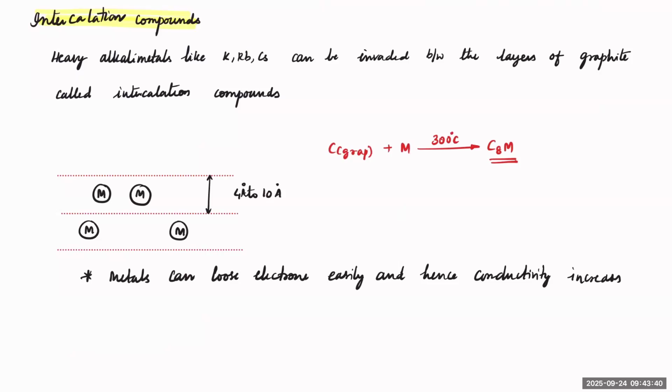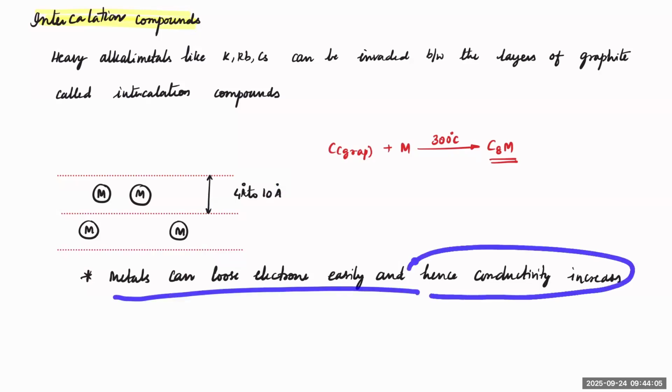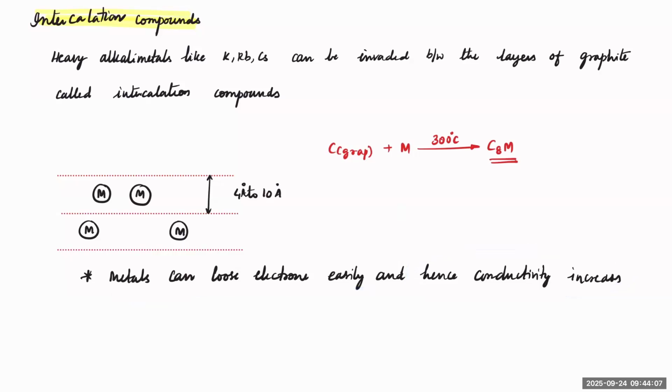Their size is close to 4 to 10 Angstroms. So as the metals invade the space here, there will be some distortions. The metal can lose electrons easily and this increases conductivity.